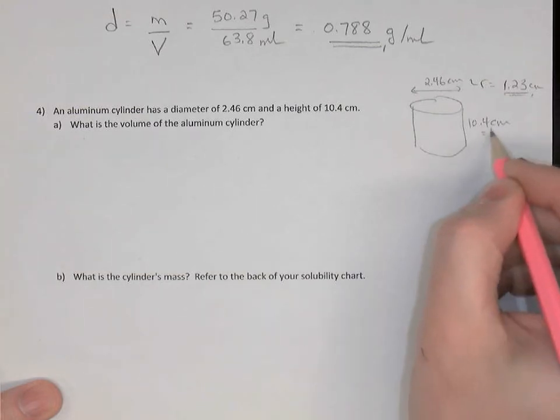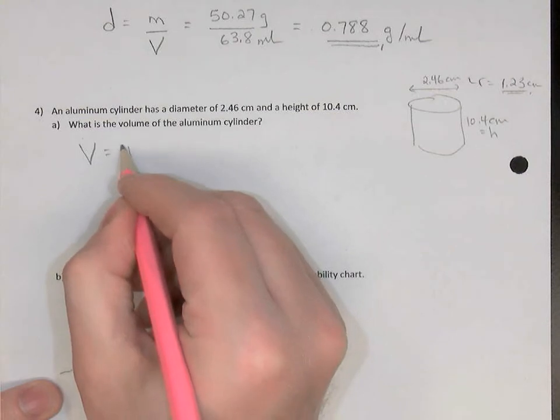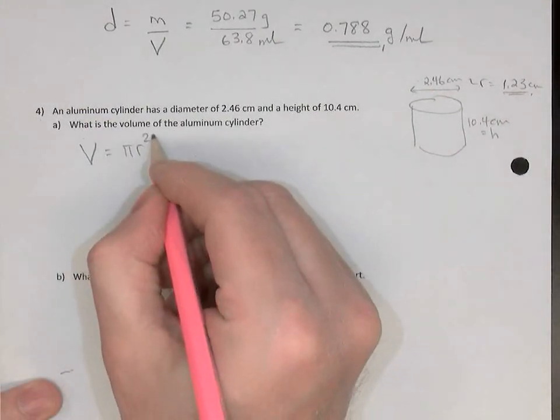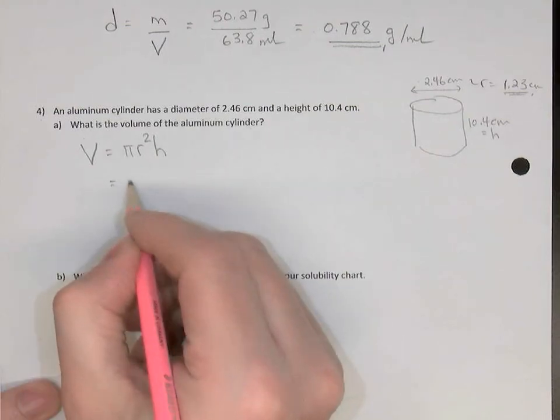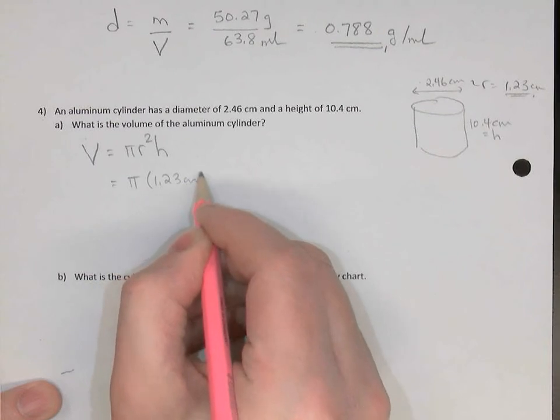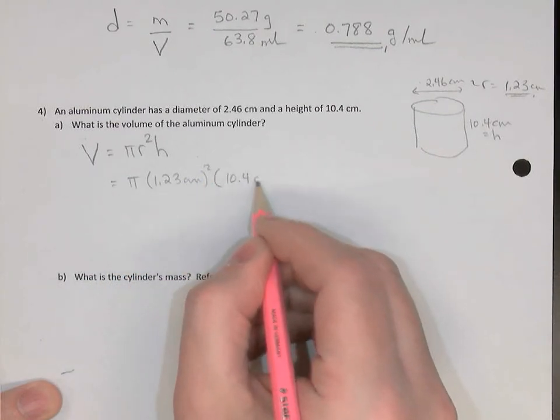Alright, and this is the height. So volume of a cylinder is pi r squared, the area of the circular base, times the height. So equals pi times 1.23 centimeters squared times 10.4 centimeters.